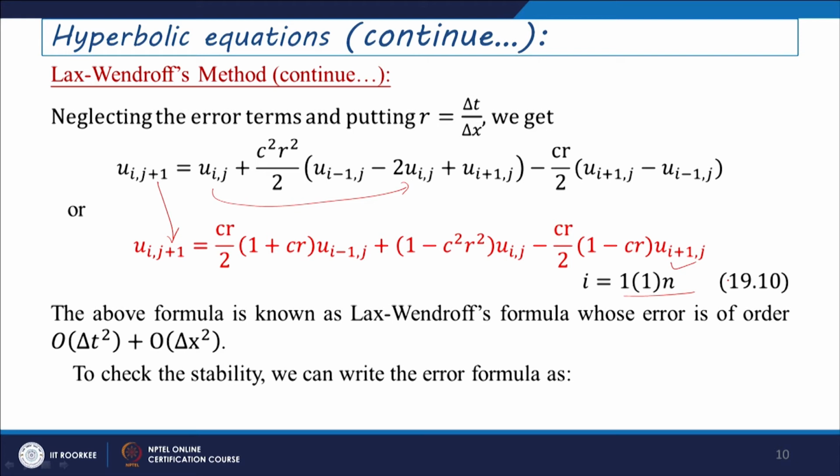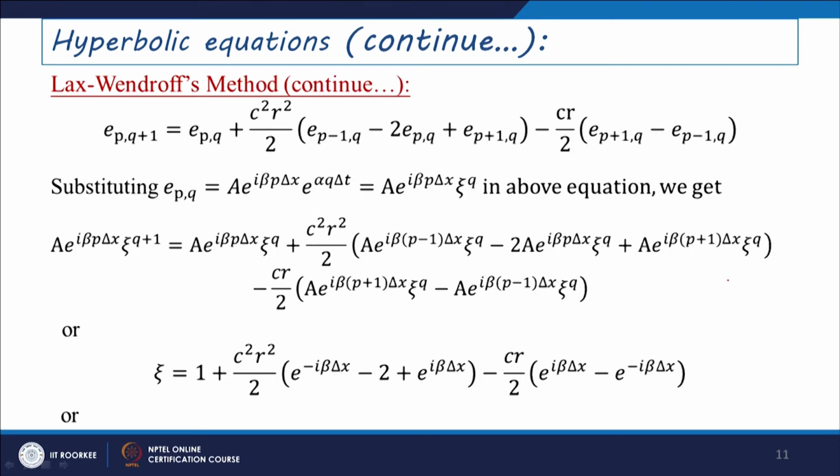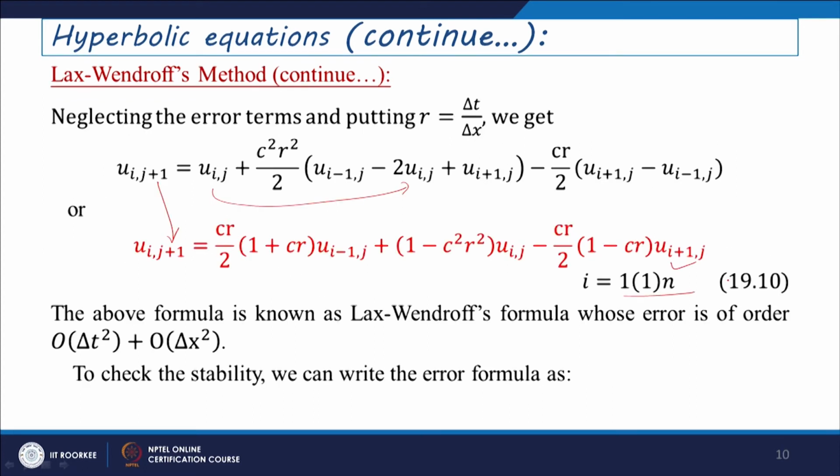x square. And if we go for the stability of this scheme, we can write these terms as E(p, q+1), where u is the true solution and u star is the approximate solution. If we take the difference u minus u star, it is denoted as the E term.